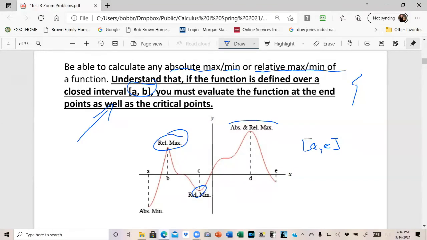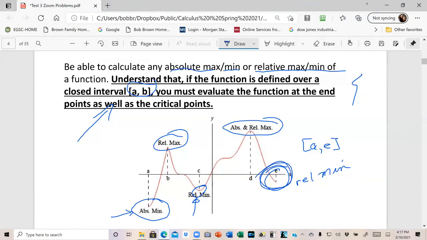This point would be the absolute max, and this point would be a relative min. And the endpoint, you need to look at the endpoints. In this particular case, this endpoint is the absolute minimum. And point E here would be a relative minimum. In other words, it's the smallest in this area.